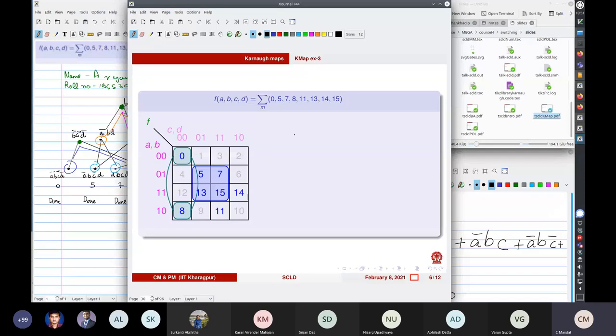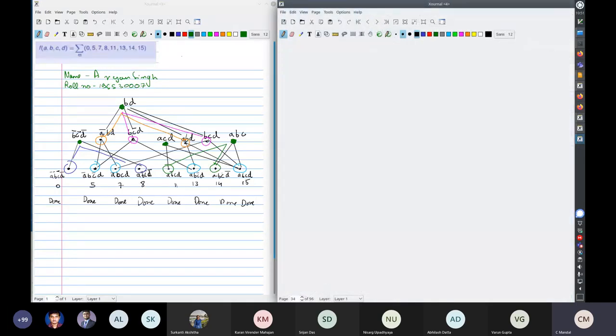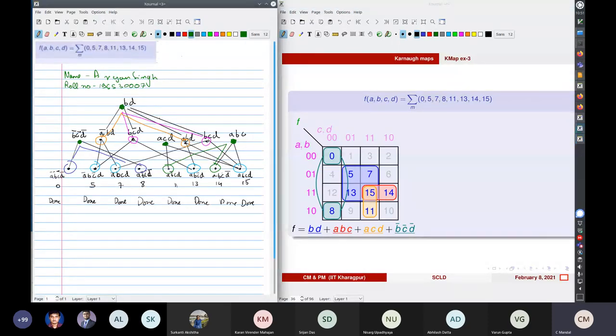So if we look at this diagram, BD is that bigger one which you can see, then you have B bar C bar D, you have ACD and BCD.